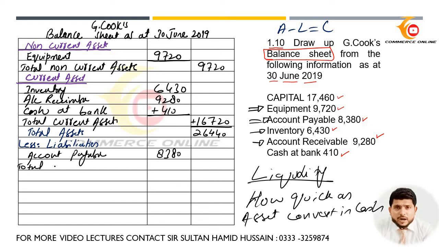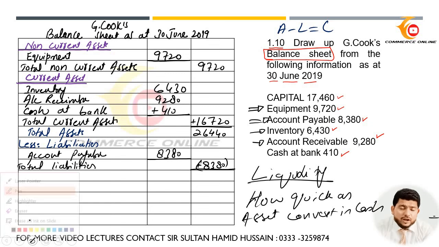Here once again I will write total liabilities and draw a line there, and then I will subtract 8,380. For subtraction I draw a bracket sign. Remember, the bracket sign is for subtraction, showing that I am going to subtract the total liabilities amount from the total assets amount. Then I get 17,460, and that is my net assets.